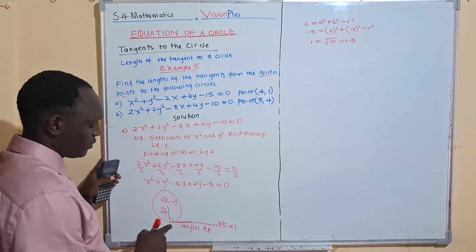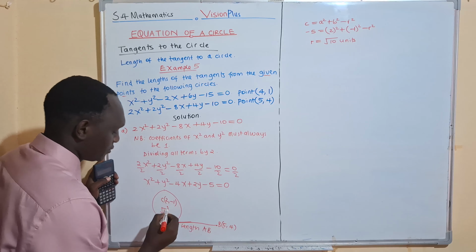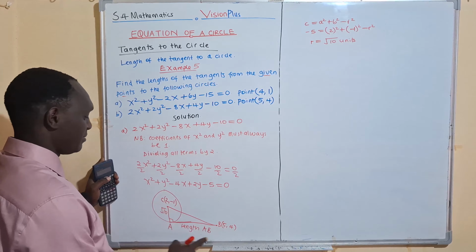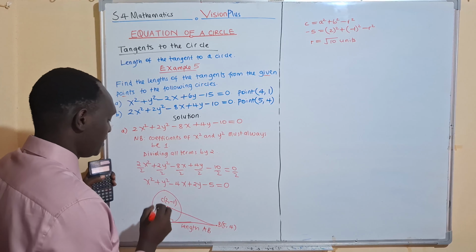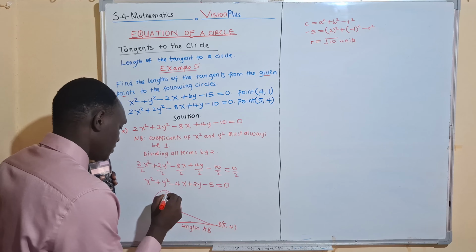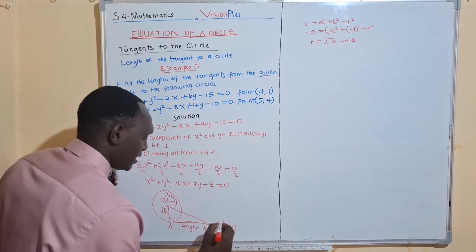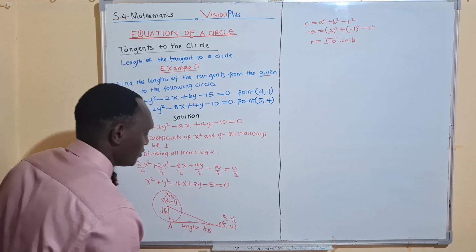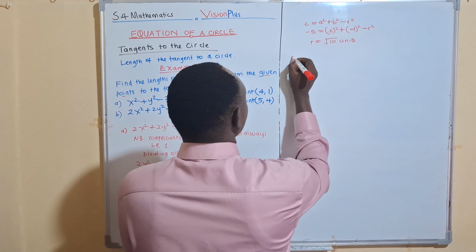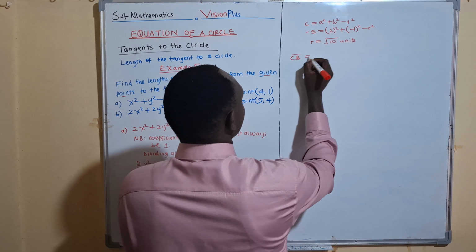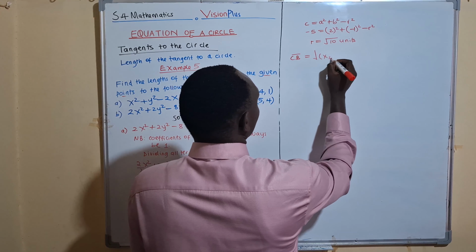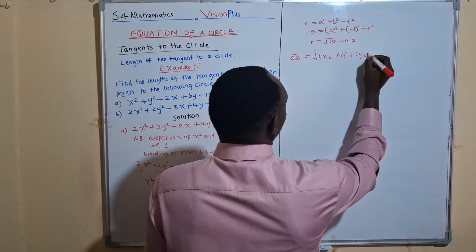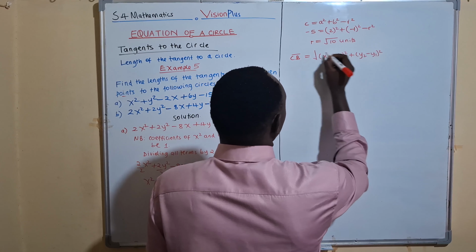Now we are looking for the length AB. So let's get the length CB to help us in finding the length AB. The length CB is the distance between 2 points, which is the center, and the point from which the tangent is drawn. So the length CB is given by the square root of (x2 minus x1) squared plus (y2 minus y1) squared.